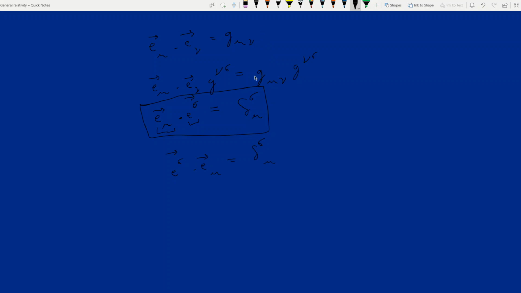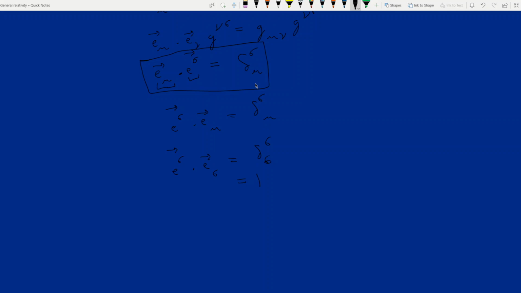Now let's set sigma equal to mu. What happens? E sigma dotted with E sigma equals the Kronecker delta of sigma sigma. Well, what is the Kronecker delta of sigma sigma? That's just equal to 1, right?